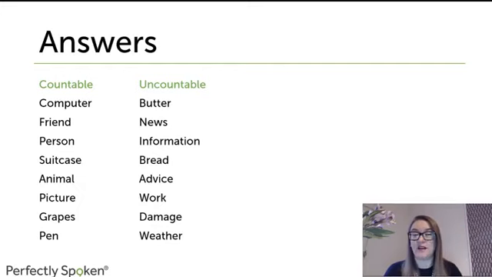So these are examples of uncountable nouns. These are things that we cannot count as individual items. Good.